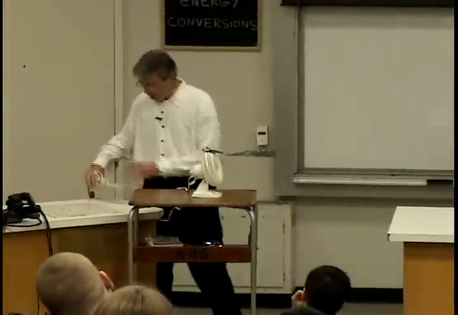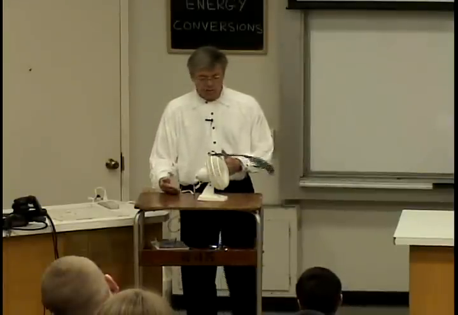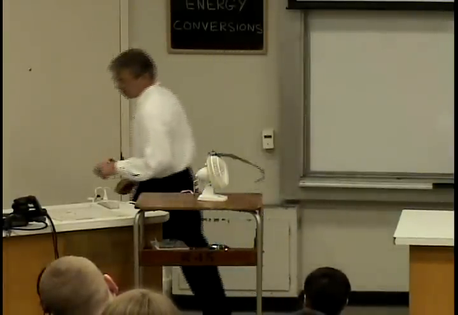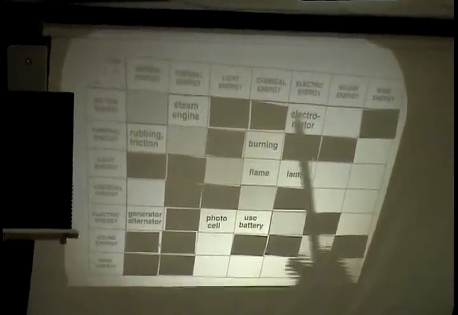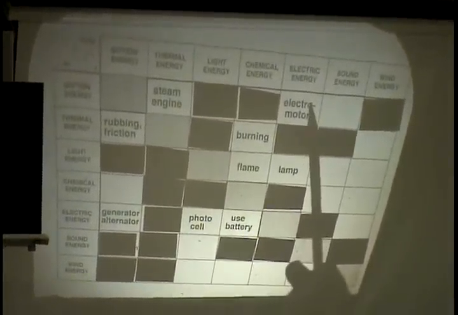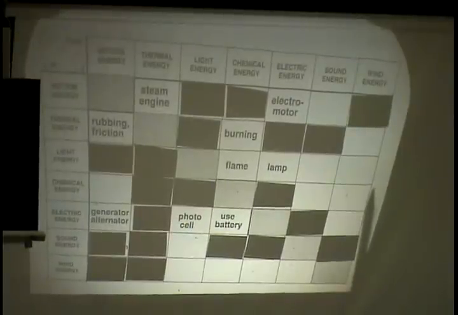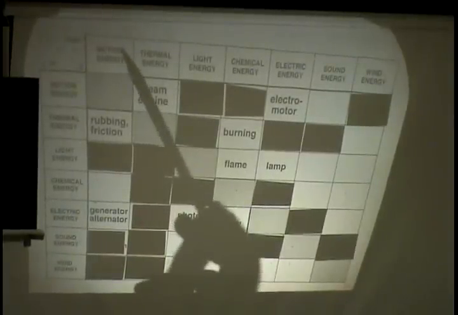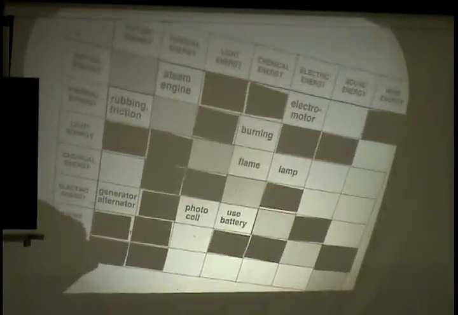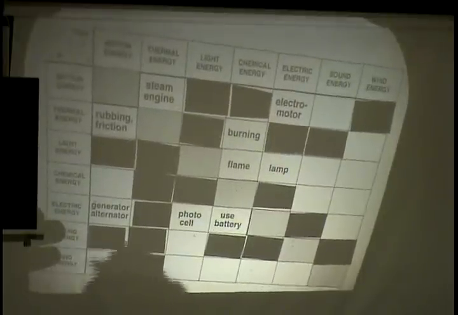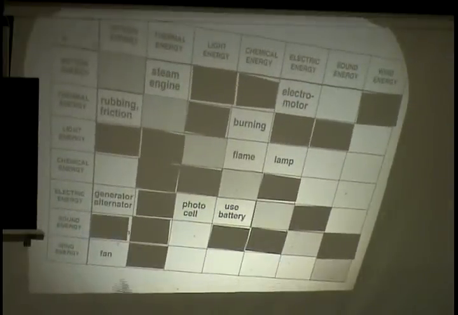From electricity to motion of the fan blades, and then from motion to wind energy. Let's find that in the chart. So, we had already the electromotor, and from motion to wind energy. That's down here in the corner. That's a fan down here.